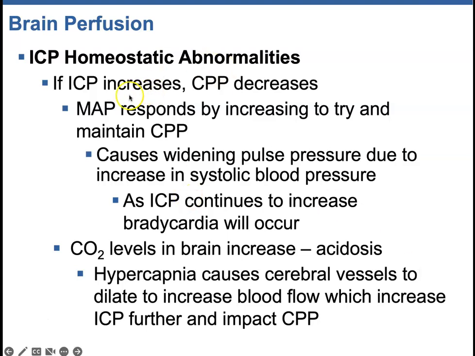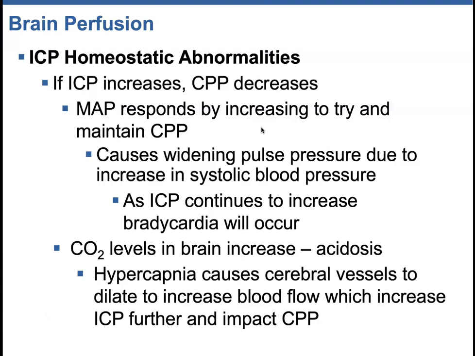So if ICP increases, cerebral perfusion pressure is going to decrease, because if you think about it, think of this as the vessels in the brain actually being sat on, right, by the increased ICP. The MAP is going to try and respond by increasing initially to try and maintain the cerebral perfusion pressure.